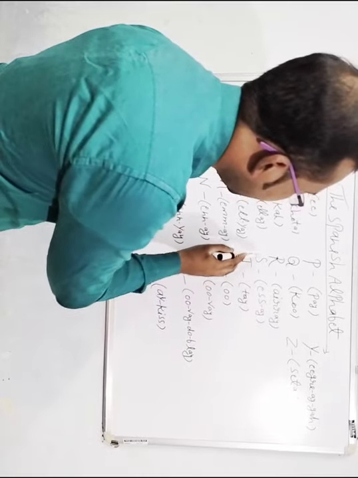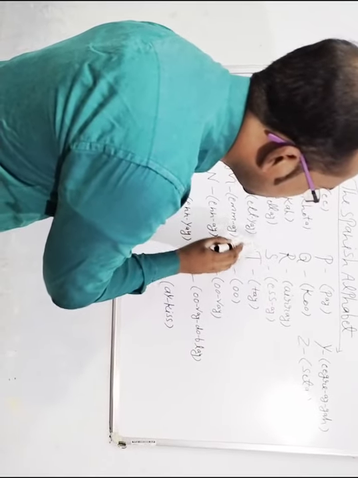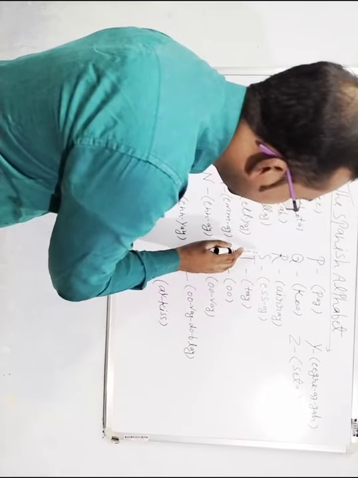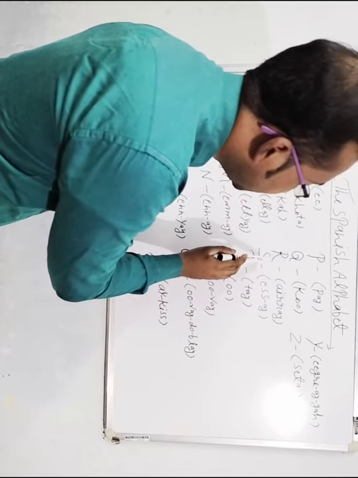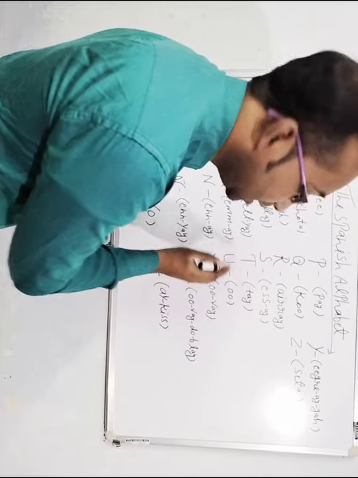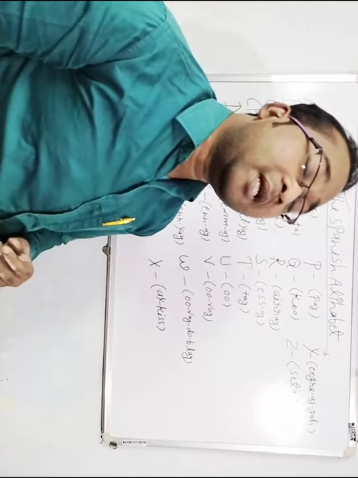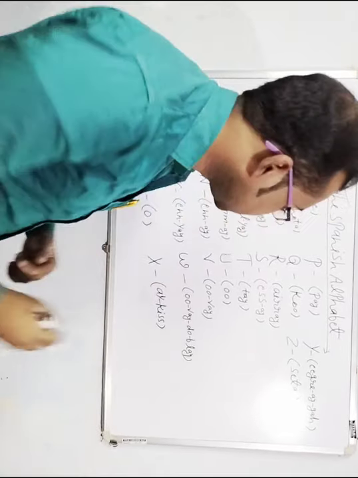Now next, S. S is pronounced in Spanish language ese. And next, T. T is pronounced in Spanish language te.